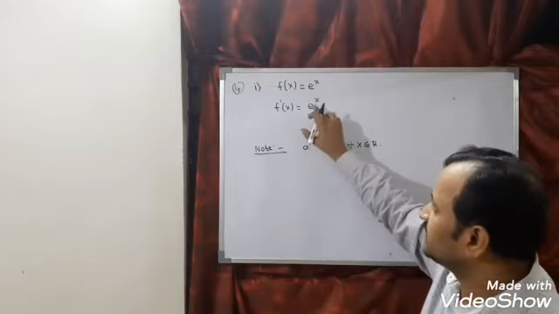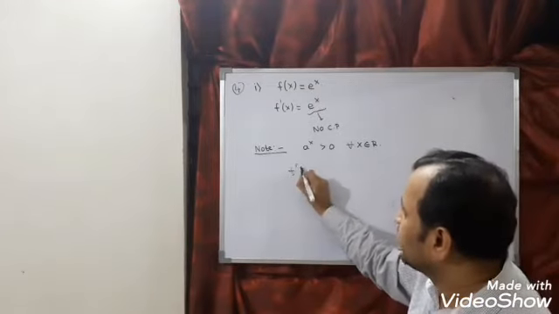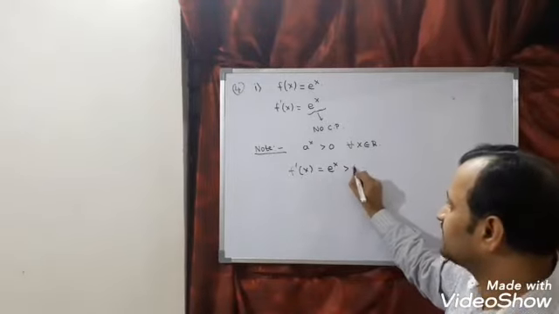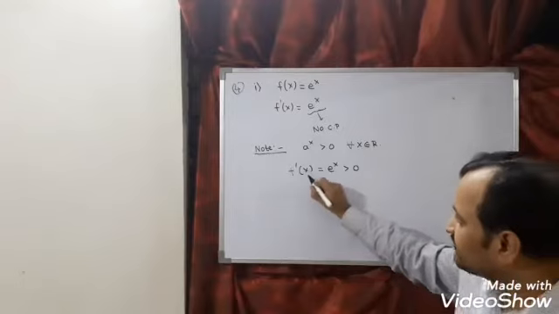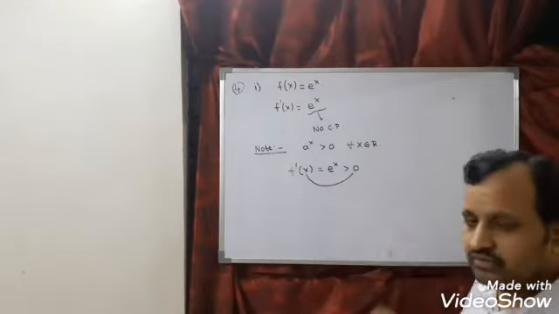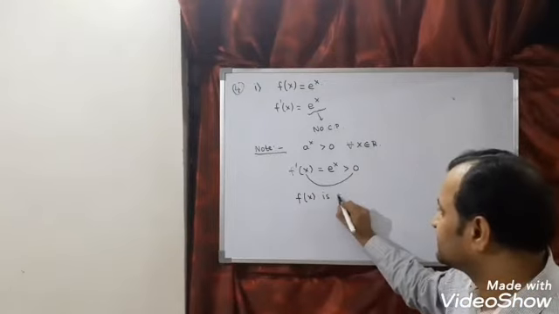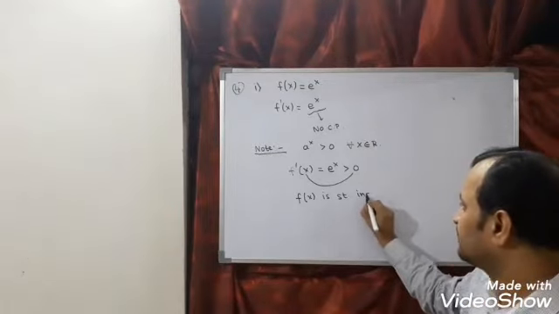A is nothing but e. So I can say f dash x is equal to e power x and this value is always greater than 0. So f dash x greater than 0. So what type of function? I can say f of x is a strictly increasing function.